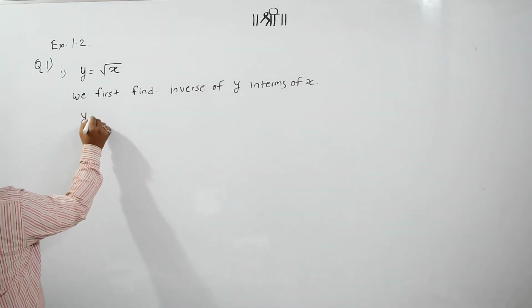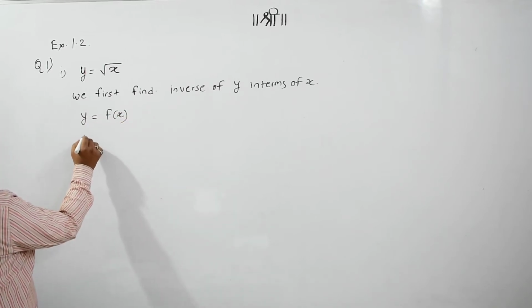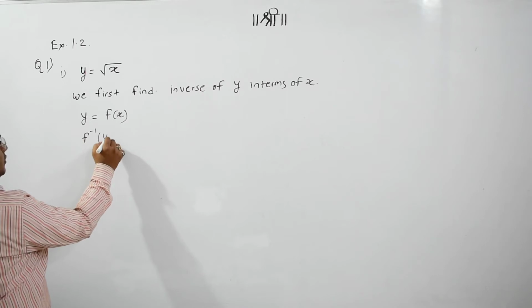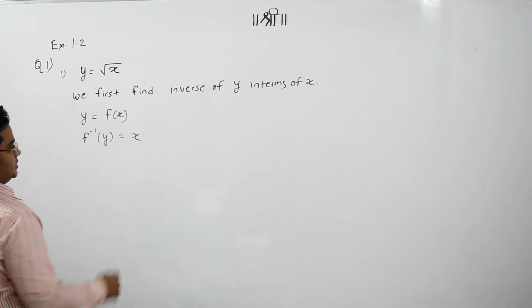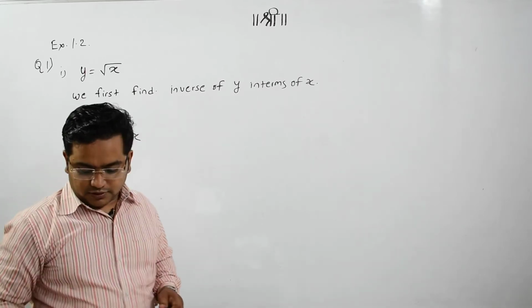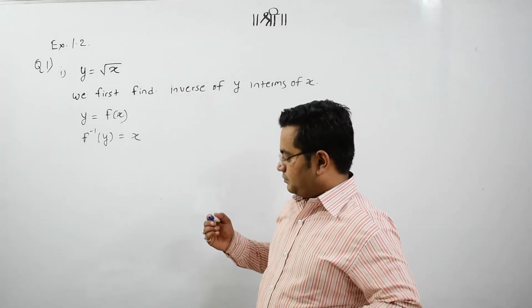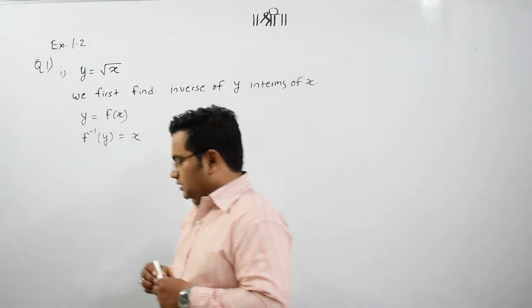If y is equal to f of x, then what should be the inverse? f inverse of y is equal to x. You already know this fact particularly, and we are emphasizing it again.